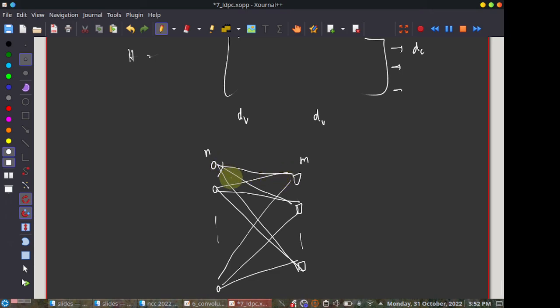So is there any constraint on DV and DC, or can they be arbitrary? Okay, but is that sufficient? Suppose I take n equal to 100, m equal to 50, say dv equal to 3 and dc equal to 7. Is this okay?